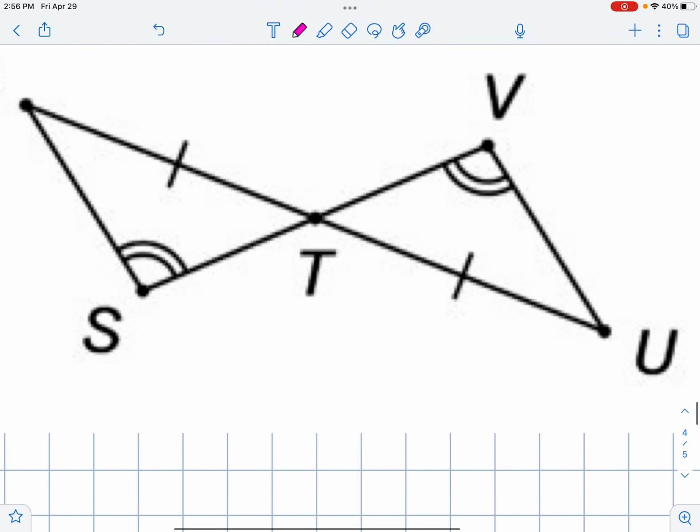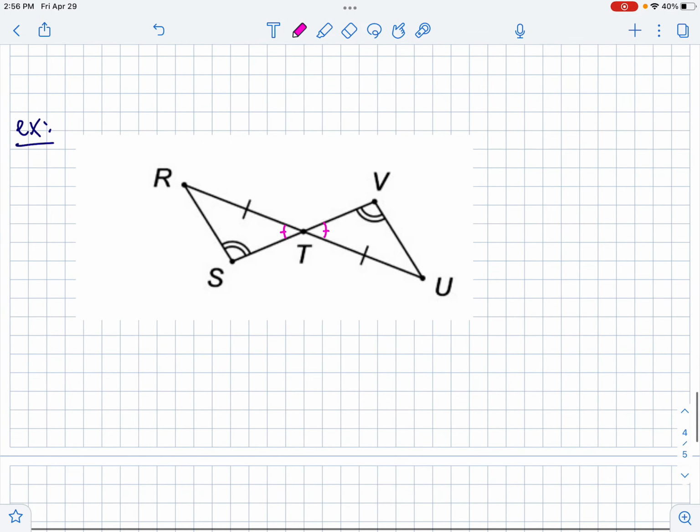Very similar problem where you have vertical angles here in the middle. So I'll just go ahead and mark those as single angles. Now, if I look at the order here, this is angle, angle, side. So yes, they are congruent to each other.